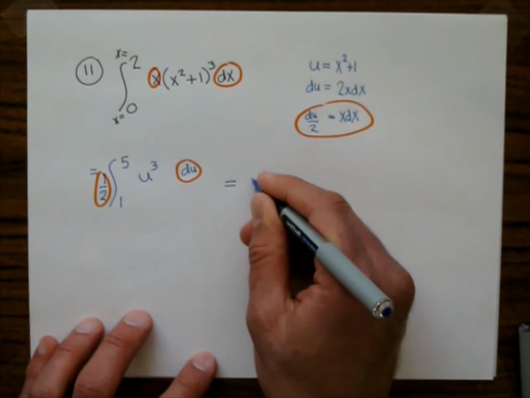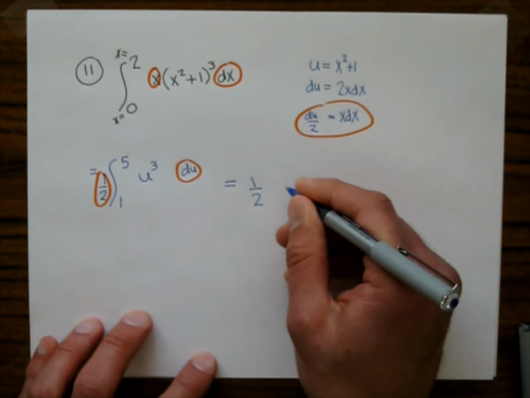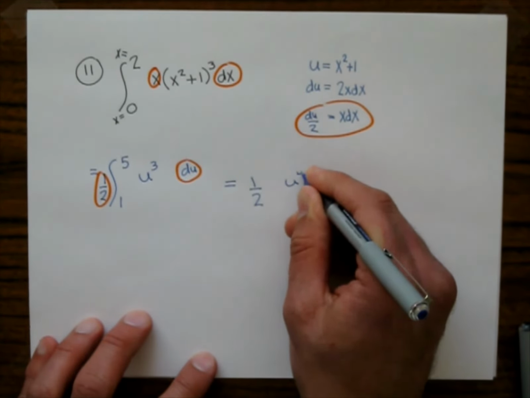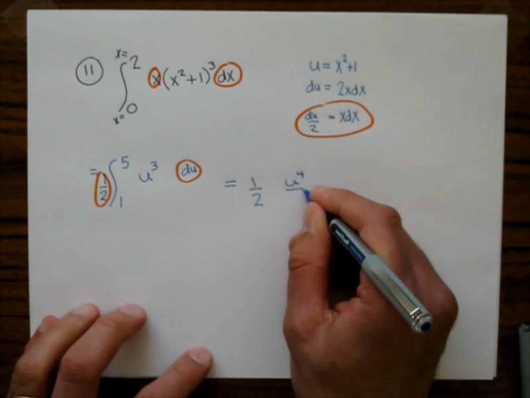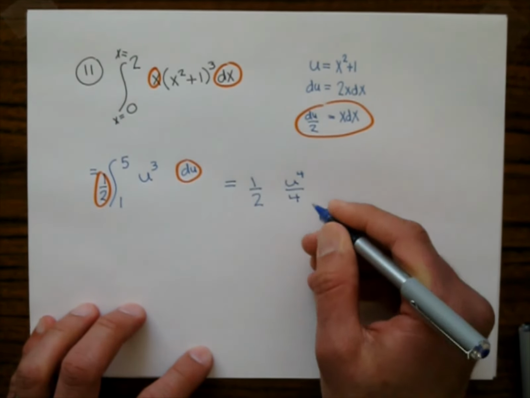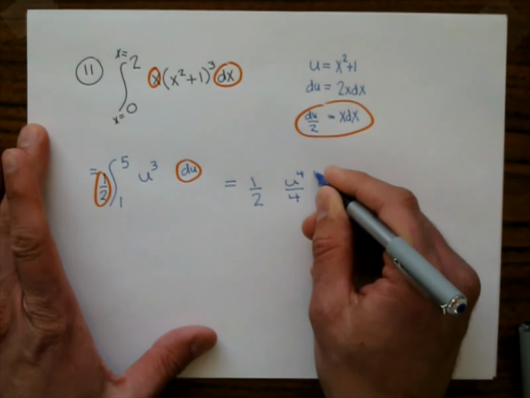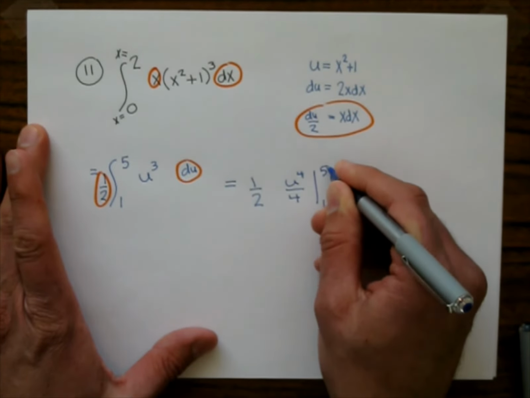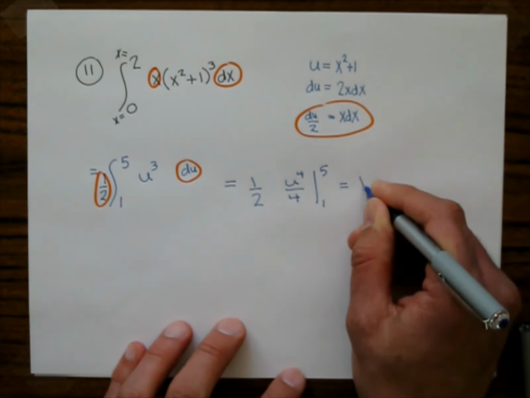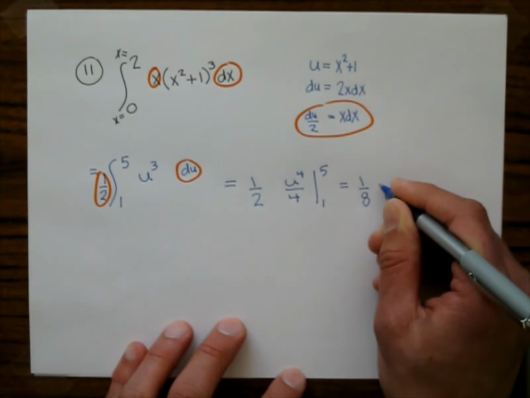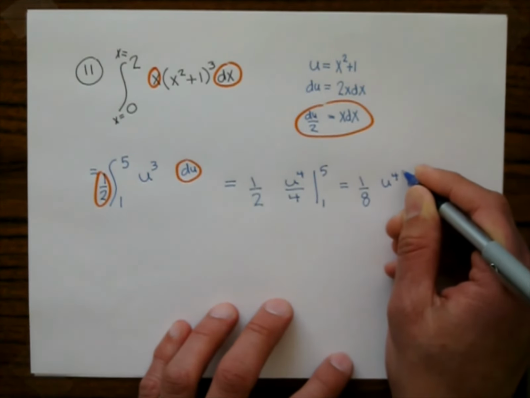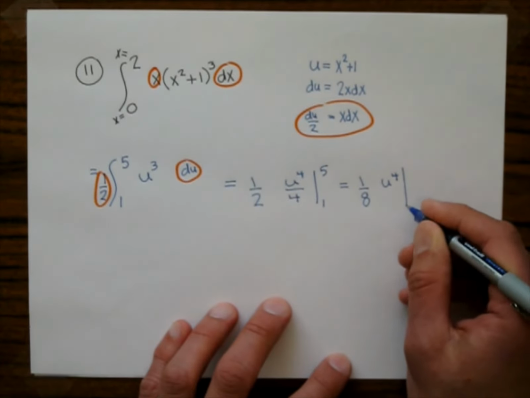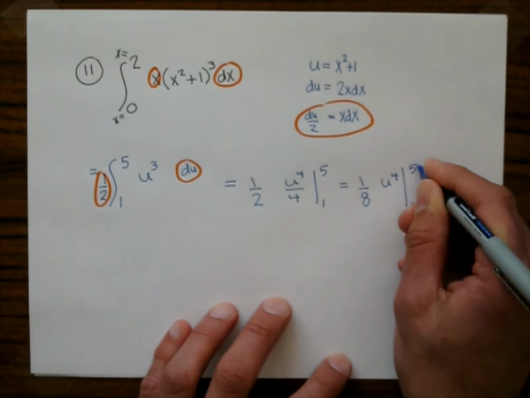So the antiderivative of u cubed is u to the fourth over 4. And then this is going to be evaluated from 1 to 5. And so this is 1/8 u to the fourth evaluated from 1 to 5.